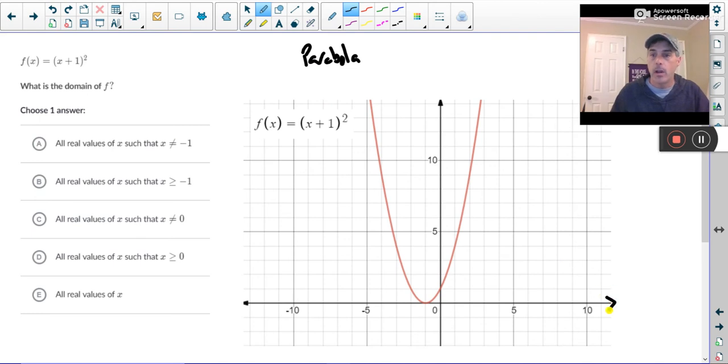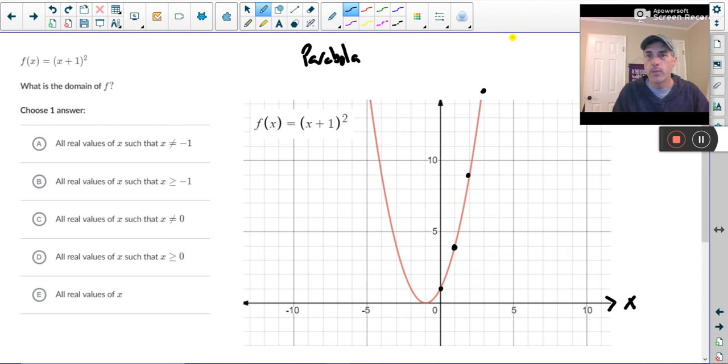And so here's what I'm thinking about. I'm thinking about all of my x values on the number line. Is there an output at 0? Yep, the output is 1. Is there an output at 2? Yep, looks like the output is 1, 2, 3, 4. Is there an output at 3? There sure is. Is there an output at 4? Yeah, it's probably right about here. Is there an output at 5?